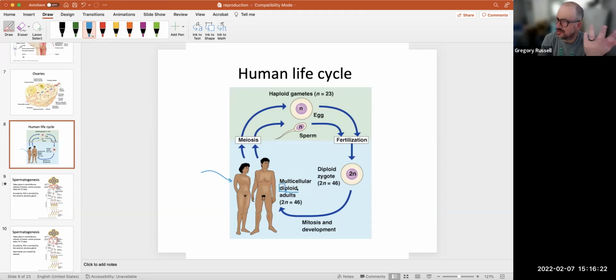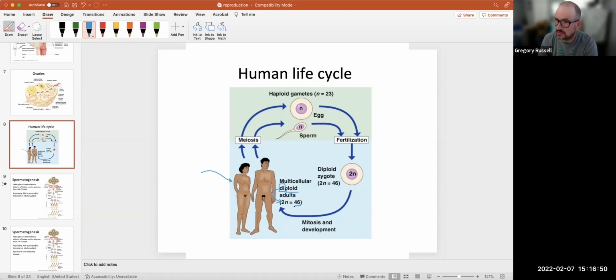Okay. We can denote it in other ways as well. The other way that we denote diploid is shorthand, just saying that you are 2N. Okay. Our diploid number or our ploidy number is 46. Okay, that means that you have a total of 46 chromosomes. Okay, now remember, you get half of them from mom, you get half from dad. So you have 23 from mom and you have 23 from dad.